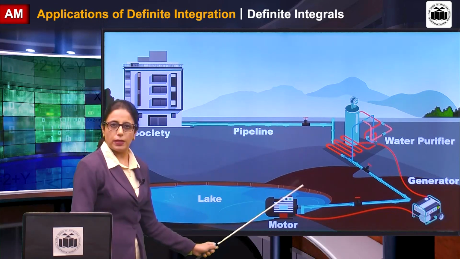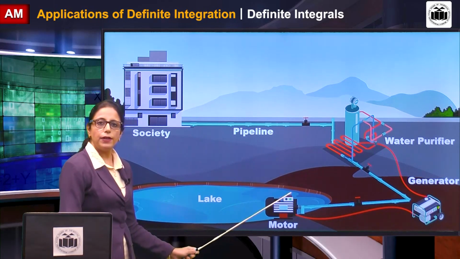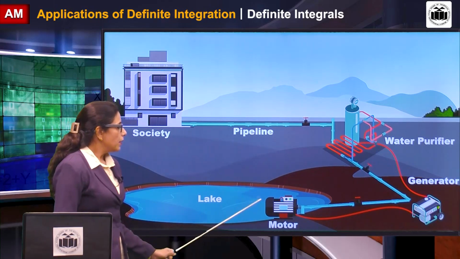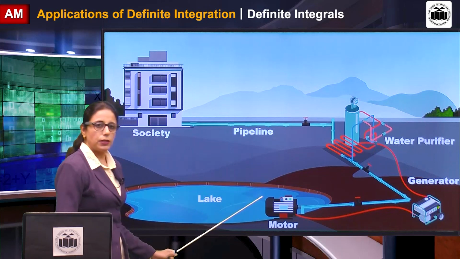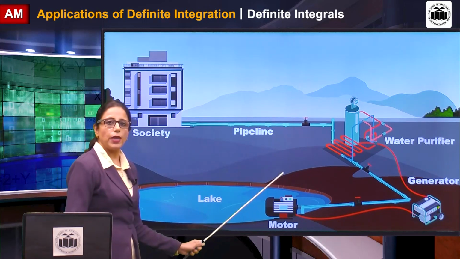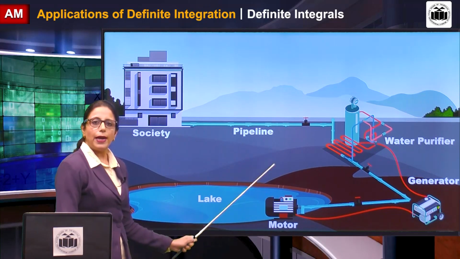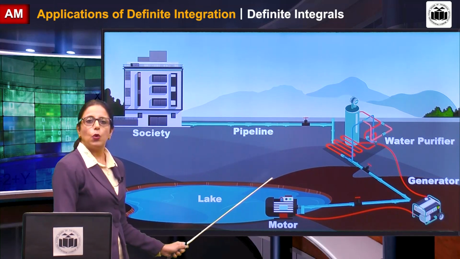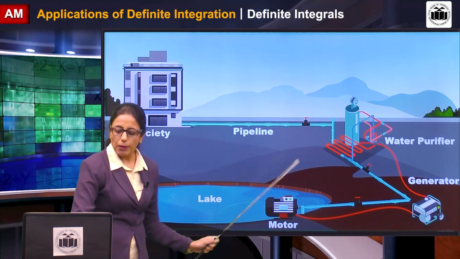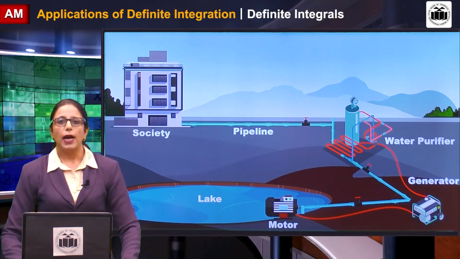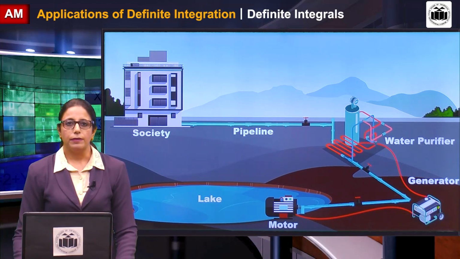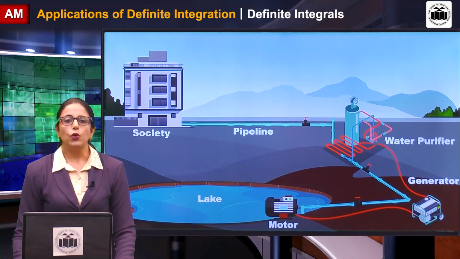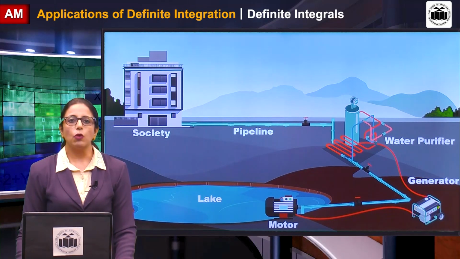say for 5 minutes. Since it is a varying rate, if we have data analysis for every minute of gallons of water being pumped, that data analysis will determine a continuous function with respect to t. Now that function has to be integrated with respect to t to find out how many gallons of water are being pumped in 5 minutes.